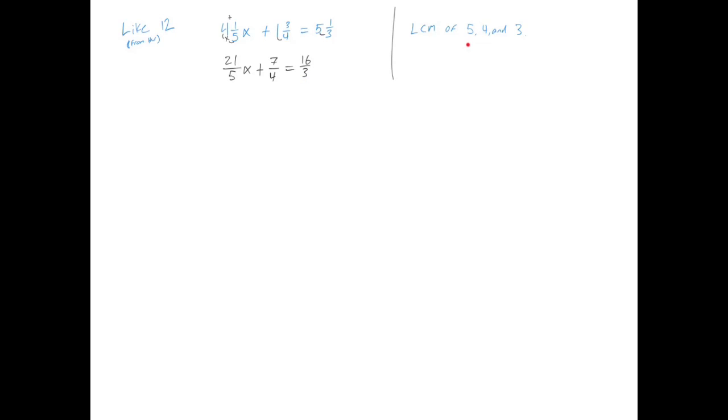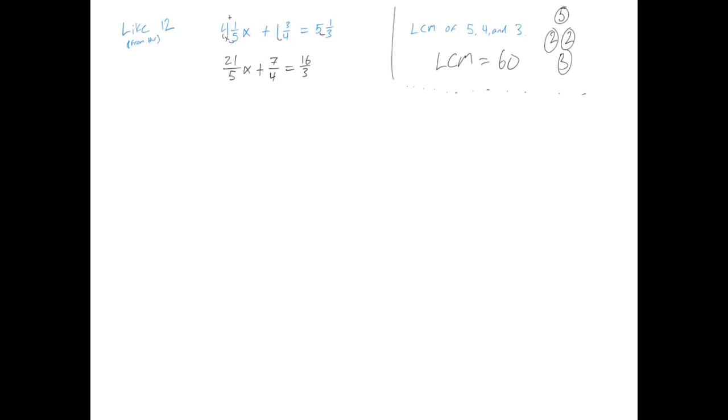So I'm going to find the smallest number that all 3 of these are a factor of. One way to do that would be to multiply all 3 of them, and in this case that does come out to be the least one. So our LCM in this case is equal to 60.